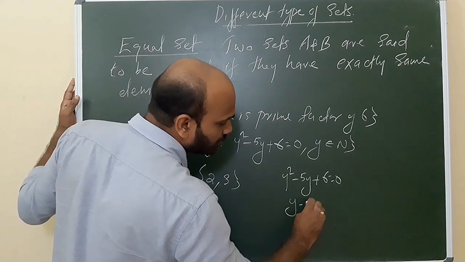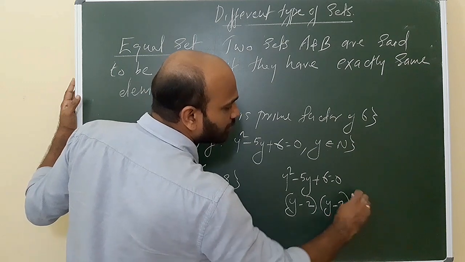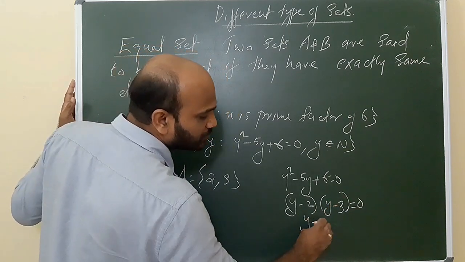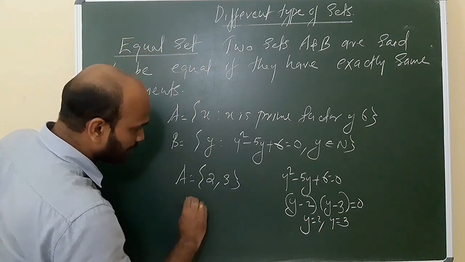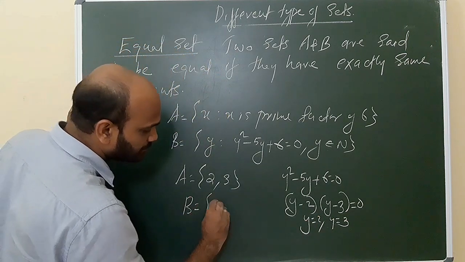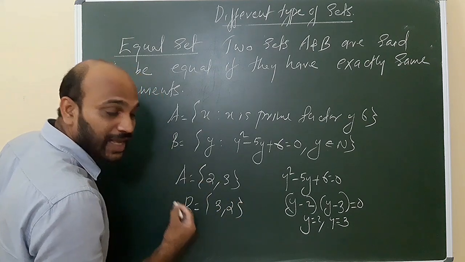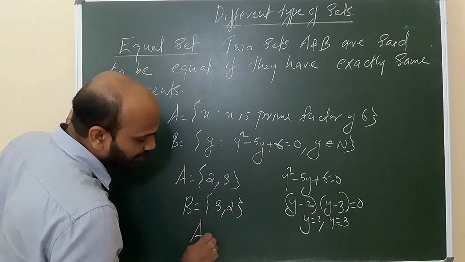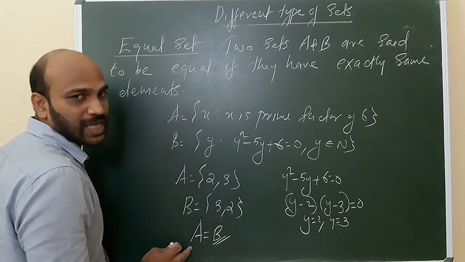So (y minus 2) into (y minus 3) equal to 0. So y equal to 2 or y equal to 3. So B's elements are 3, 2. These two sets contain the same elements, so A is equal to B. Both consist of exactly the same elements.